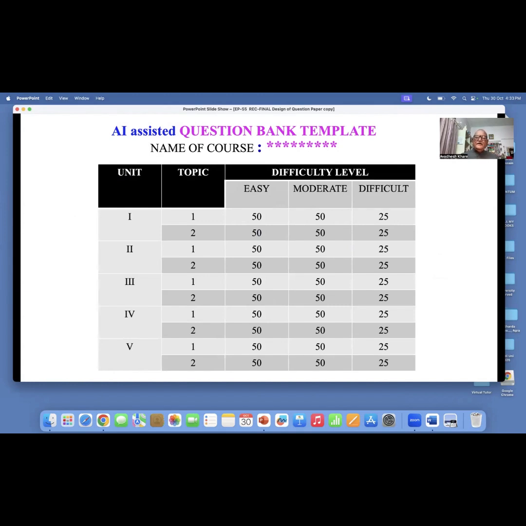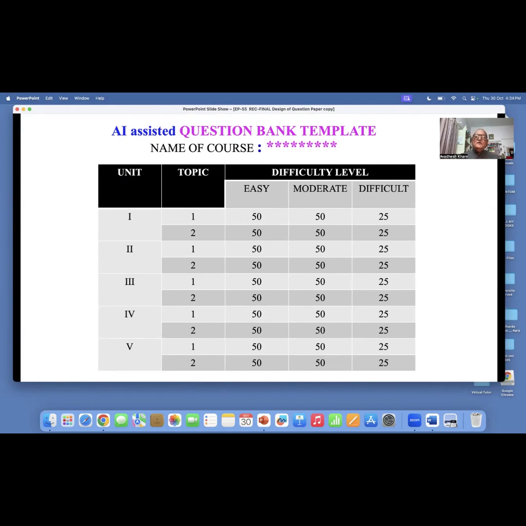The AI-assisted question bank template of the course can look as follows: name of the course, then the first column as unit 1, 2, 3, 4, 5. Then every unit can have different topics. I have chosen 2 topics per unit, that is 1, 2 in each unit.